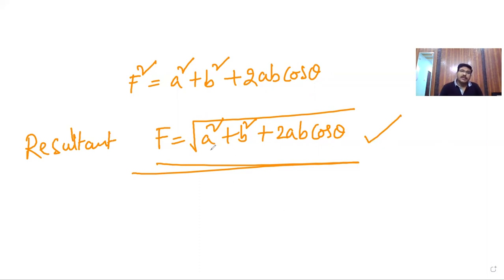Here A is the magnitude of the first vector A bar, B is the magnitude of the second vector B bar, and theta is the angle between them. This is the resultant force if two vectors are given at an angle theta between them.